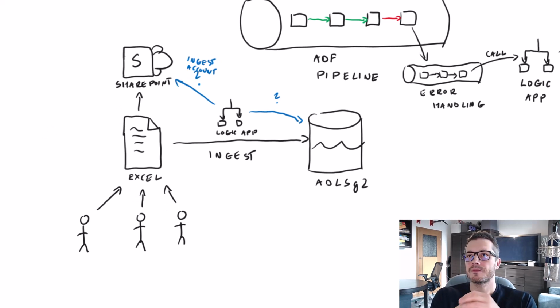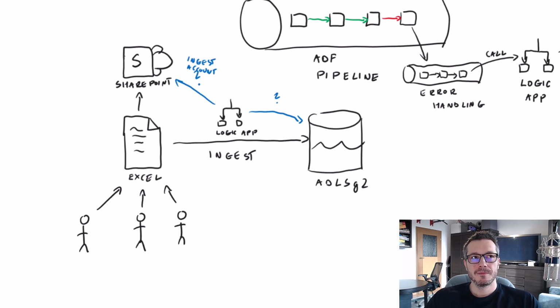And in this case, we could use role-based access control. And you should remember that the storage blob data contributor role grants sufficient permissions just to read and write data to a data lake.